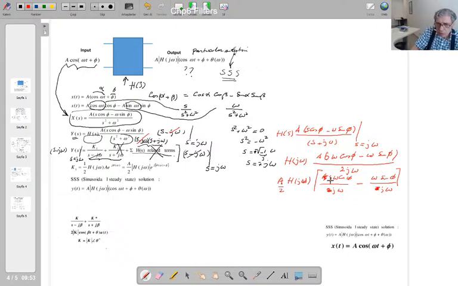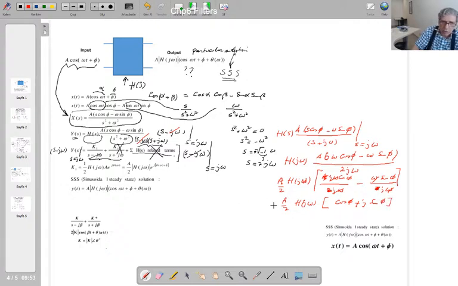So jω disappeared. This ω disappeared. If we move that j upwards here, it's going to be minus 1. So it's going to be here, A over 2 H(jω) cos φ plus j sin φ.